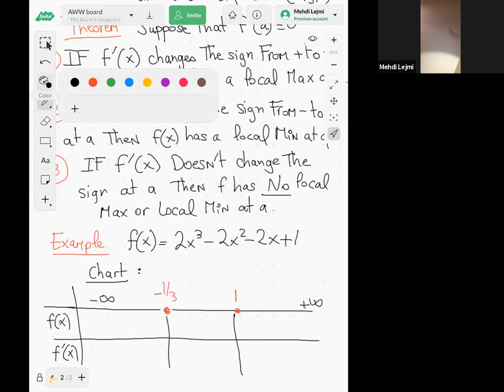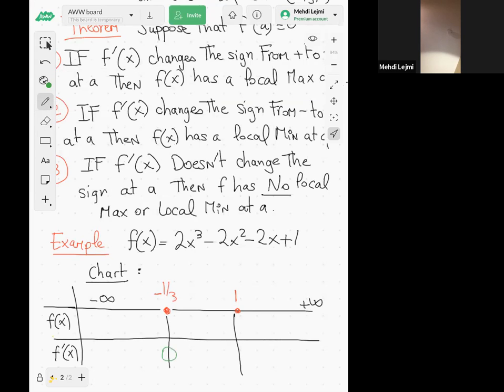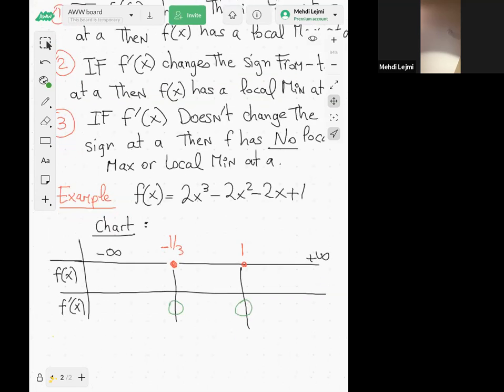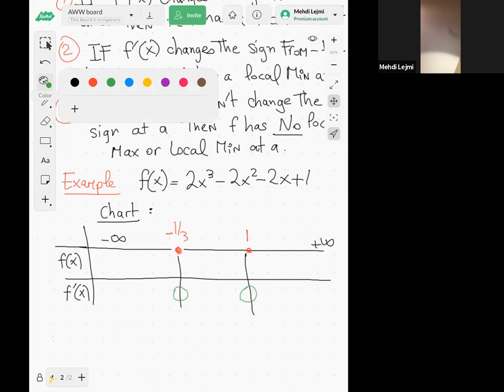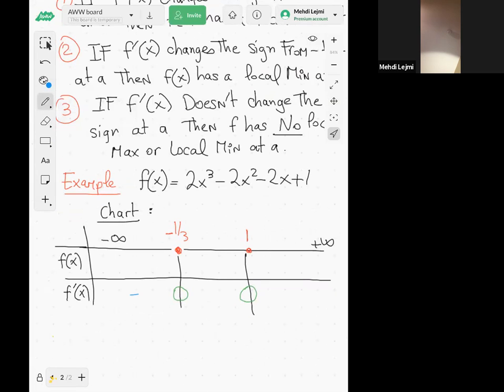So we said there's a 0 here and a 0 here, and f prime of x is positive on the first interval, then negative on the second interval, and then positive on the third, right? So this function is increasing, then decreasing, and then increasing, right?